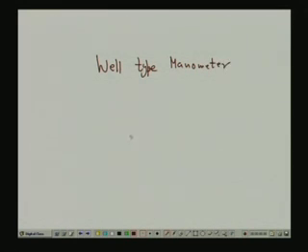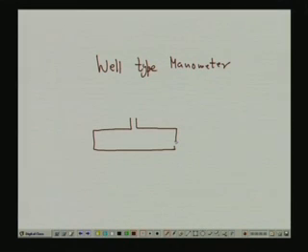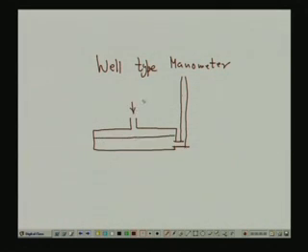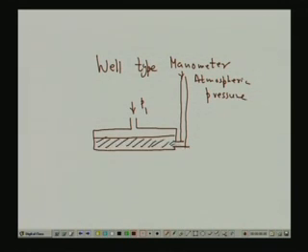Instead of a U-tube, there is a well, you have manometric liquid here, and if the pressure is P1, this side is released to the atmospheric pressure. So the manometric liquid here is going up, suppose this is the height.